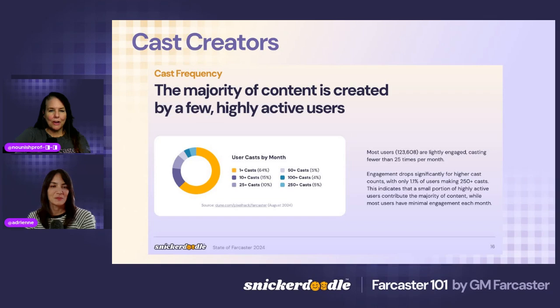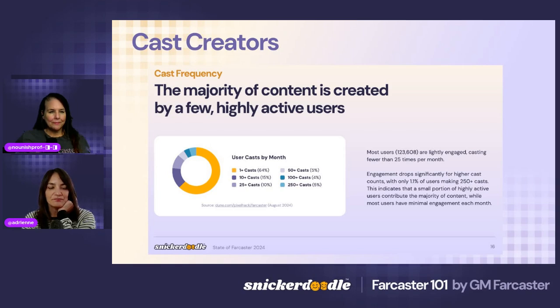Adrian, maybe you can talk about some of these stats that we're seeing here from Snickerdoodle's State of Farcaster report in 2024. Yeah, what you're seeing here is data from the Farcaster hubs on how frequently people are casting.